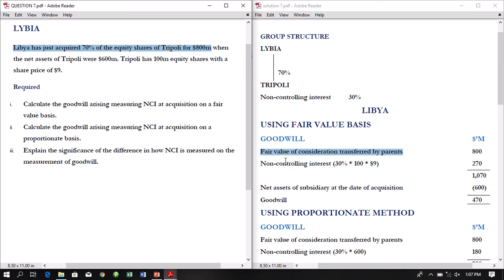Add what? Non-controlling interest. Let me remind you of something again. We said when we are using the fair value basis, two things are common. Either the examiner gives you the fair value of the non-controlling interest, or you are given the share price of the subsidiary.